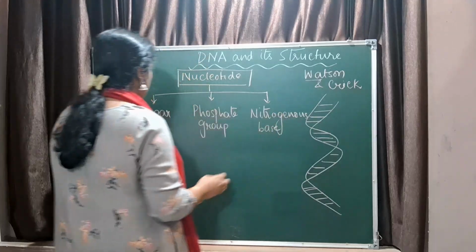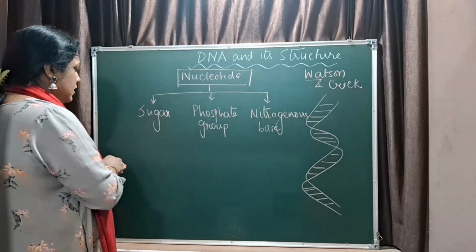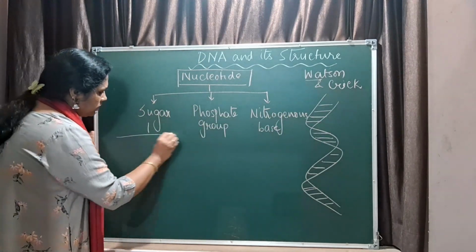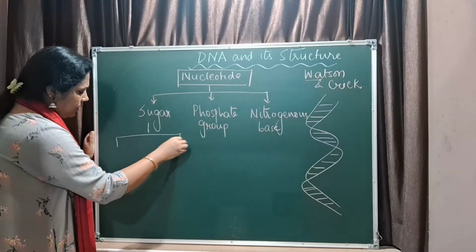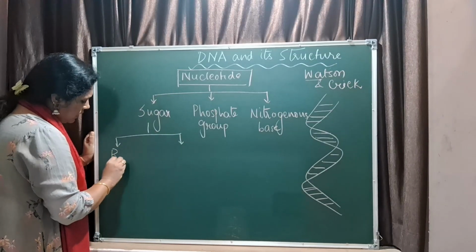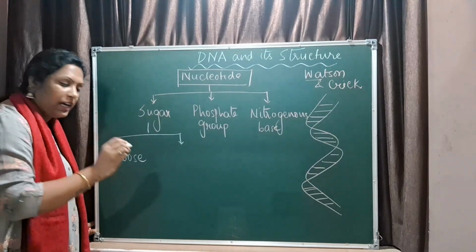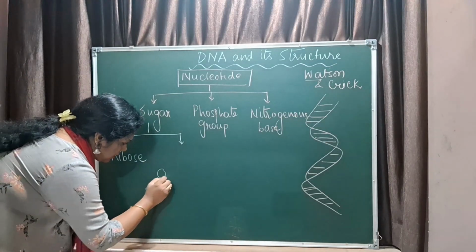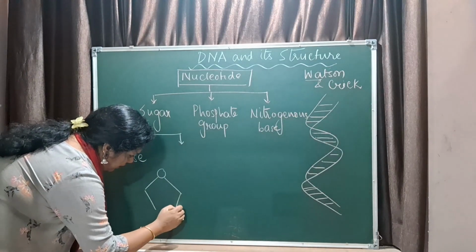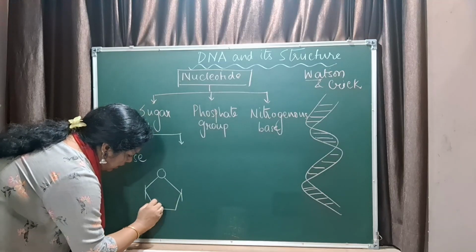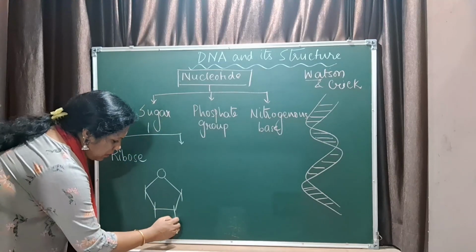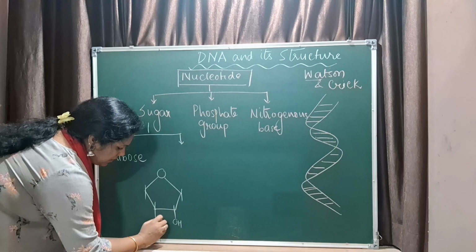Now the sugar present in DNA is deoxyribose, and that in RNA is ribose. What is a ribose sugar? A ribose sugar is a 5-carbon sugar. This is the structure of the ribose sugar, and there is OH present here.